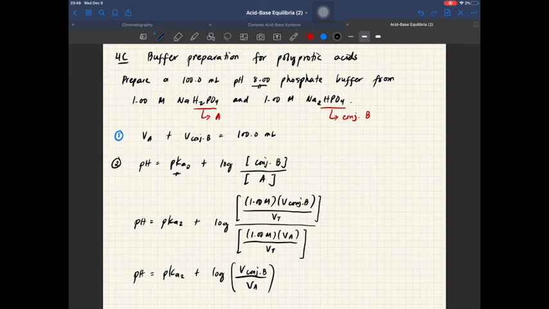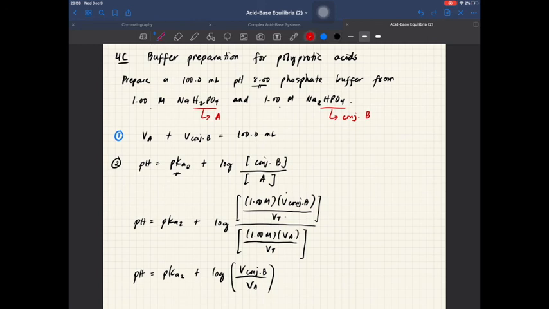The Henderson-Hasselbalch equation looks like this: pH is equal to pKa2 plus log of the conjugate base concentration over the weak acid concentration. We can further evaluate this expression by supplying the concentrations. The concentration of the conjugate base is 1 molar times the volume of the conjugate base over the total volume, and for the acid, 1 molar times the volume of the acid over the total volume.